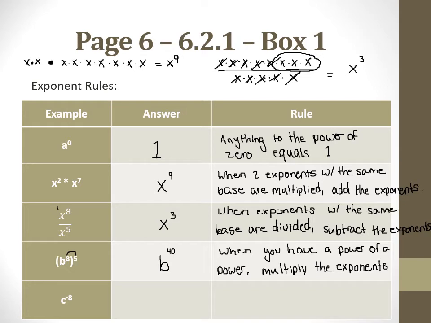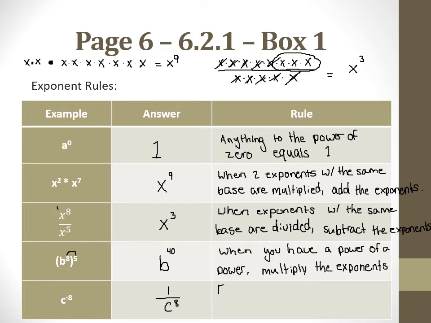And last thing, what happens when we have a negative exponent? And you may remember this, a negative exponent turns it into a fraction. So if we have c to the power of -8, that becomes 1 over c to the 8th. So it flips to the opposite side of the fraction and now becomes a positive exponent.